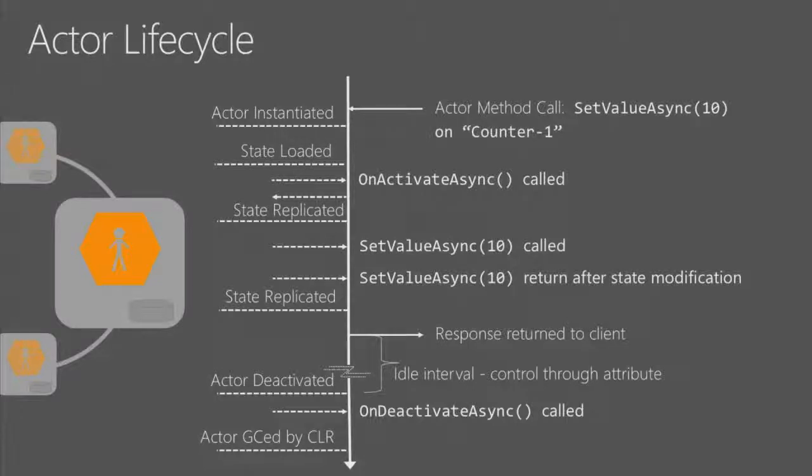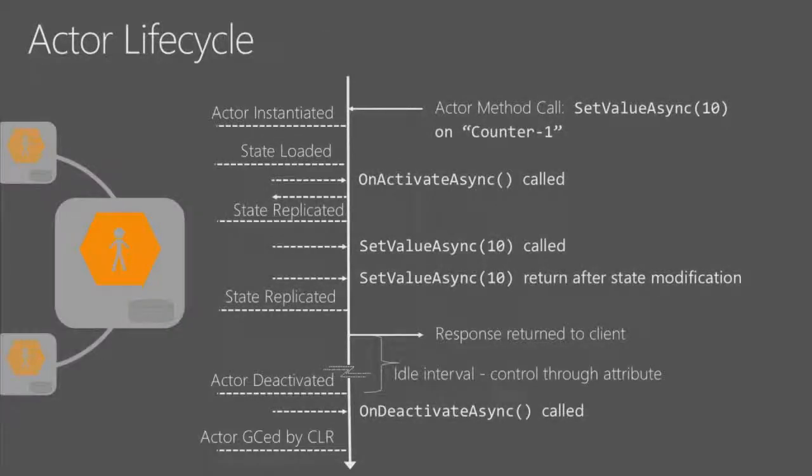There is no actor in that process. So let's say you get lots of calls and lots of actors get activated in the process, if they are not needed, the system will deactivate them. Their memory will get garbage collected. And that's how you can have a large number of actors operating concurrently, and then as they come in, they'll go, and the system will continue to manage the memory for you.